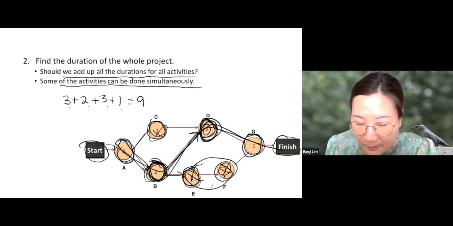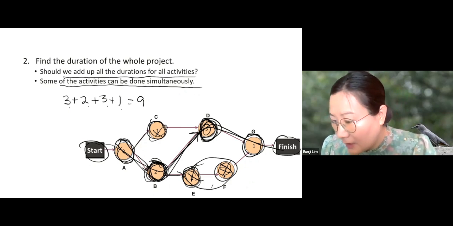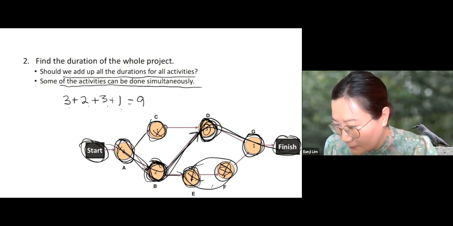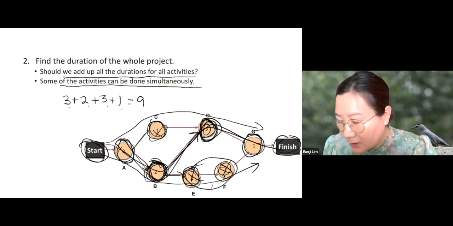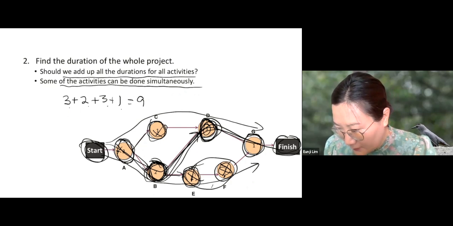And in fact, there are other sequences from the start node to the finish node. There can be this path or this path. But it looks like A, B, D, G was the longest sequence from the start node to the finish node.